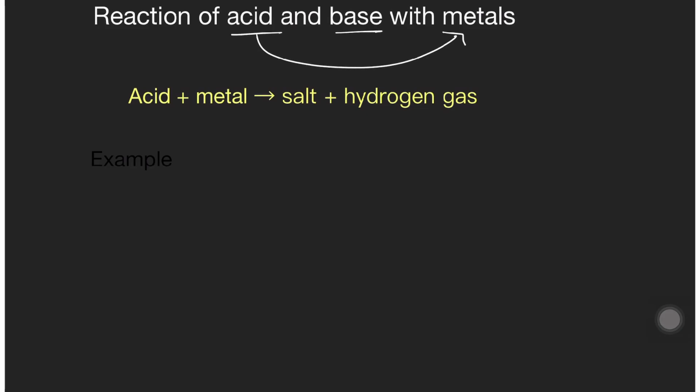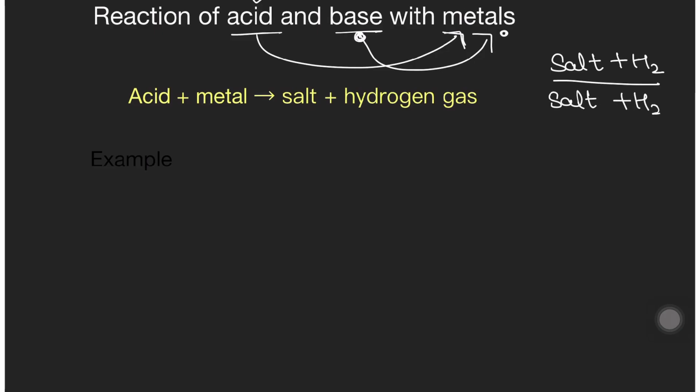Now let's see the reactions of acids with metals and reactions of bases with metals. We have seen that when an acid reacts with a metal, a salt and hydrogen gas are produced. In the same way, when bases react with metals, a salt and hydrogen gas are produced, right?